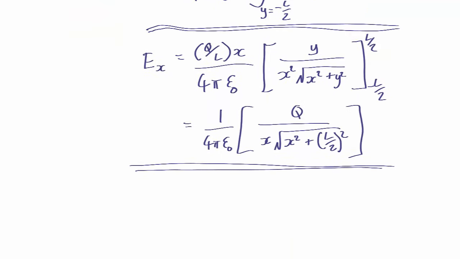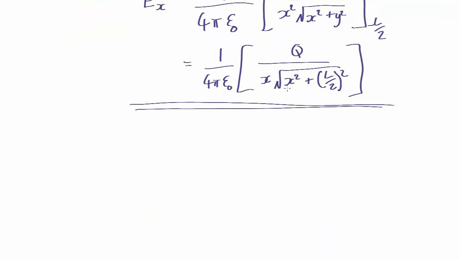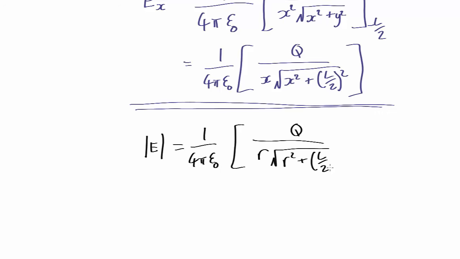So we can really replace it with an r, where r is the distance from the centre, and that would work equally well because it's going to be the same in all directions. So the strength of the electric field at some distance r from a rod of length L is given by 1 over 4 pi epsilon naught... Does that look sensible? Well, that's what we're going to find out in the next video.